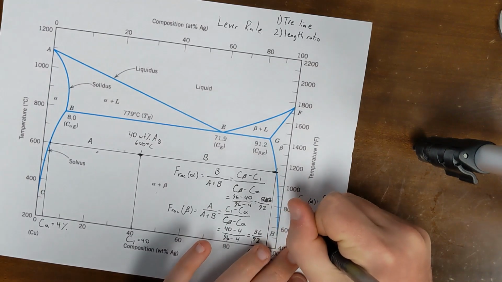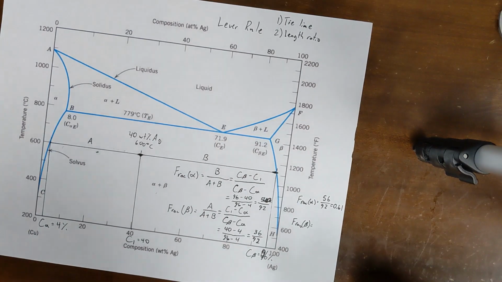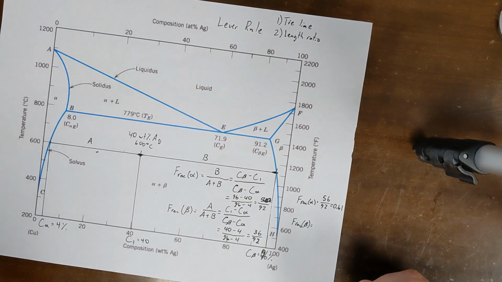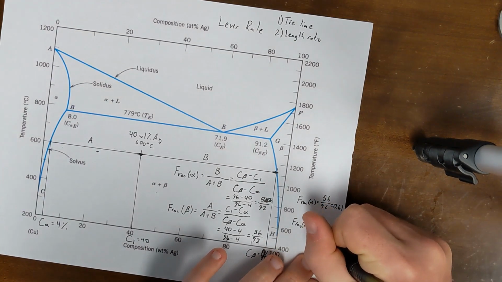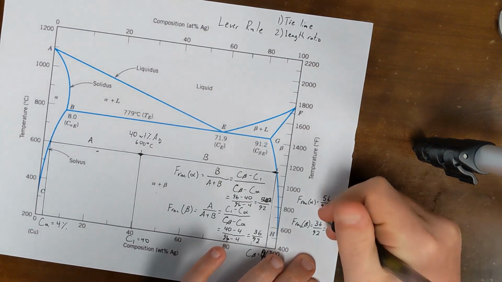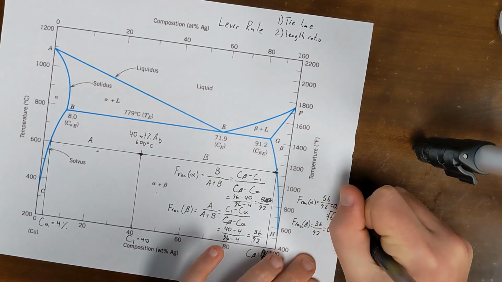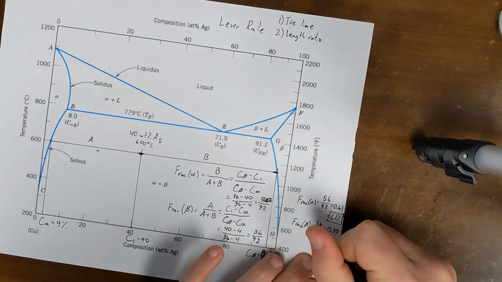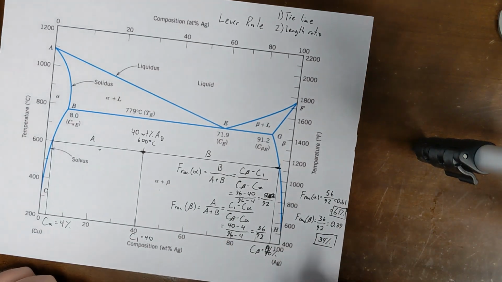And our fraction of beta is 36 over 92, which should be around 0.39, right? So if we turn this into a percent, 61% for alpha and 39% for beta. Right, not too bad.